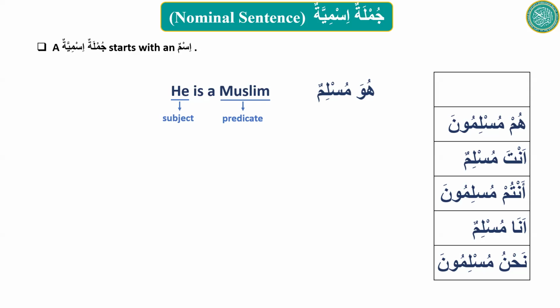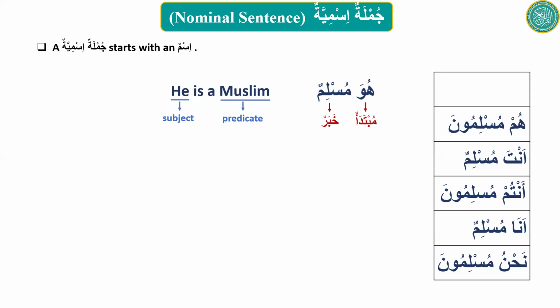In Arabic, we have terms as well to describe the two parts. Huwa, the first word, the first ism, is called Mubtada. And the second word is called khabar.